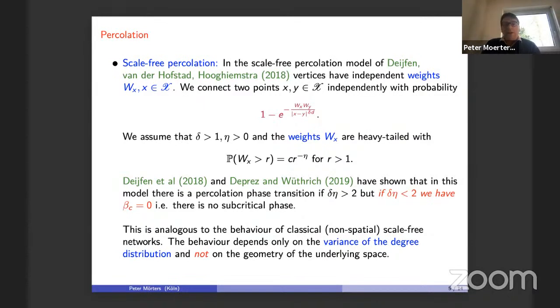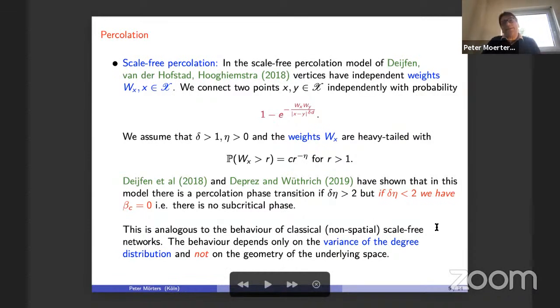If the variance of the degree distribution is infinite, we don't have a subcritical phase in these non-spatial mean-field scale-free graphs. If the variance is finite, we expect such a phase, and this comes from local structure. These graphs look locally like trees, and for the non-existence of a subcritical phase, you want a super-exponentially growing tree.